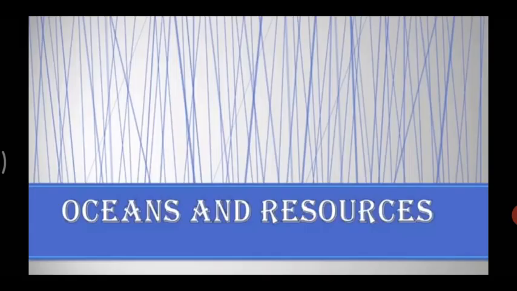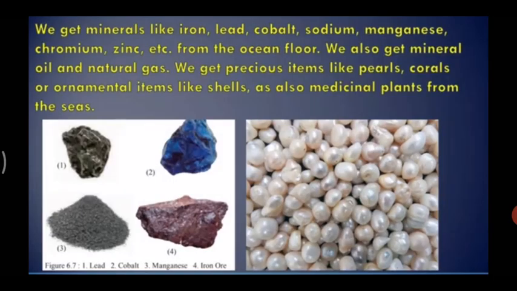The next topic is oceans and resources. Now we have seen earlier that we obtained salt, fish, shells and other products from the oceans. Now besides these, we also get minerals like iron, lead, cobalt, sodium, manganese, chromium, zinc, etc. from the oceans.